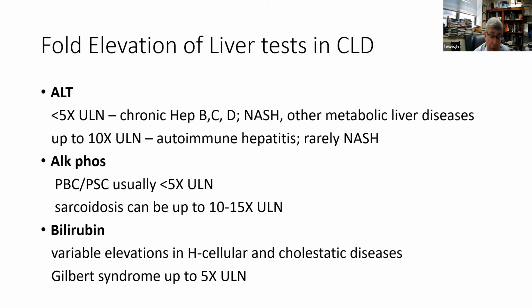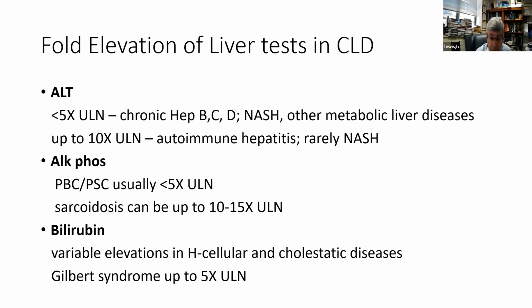It's not uncommon to see an alkaline phosphatase approaching 1,000 for sarcoidosis as a chronic liver disease. Of course, if you have acute bile duct obstruction, pancreatic cancer causing obstruction, you may have alkaline phosphatase that's quite high, but it wouldn't be considered a chronic liver disease in that sense.